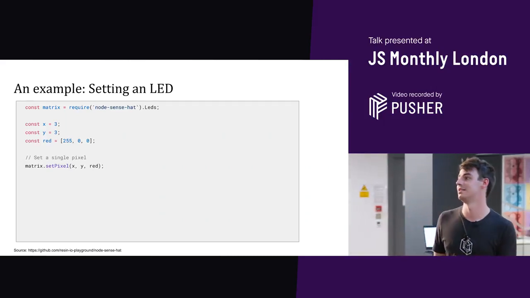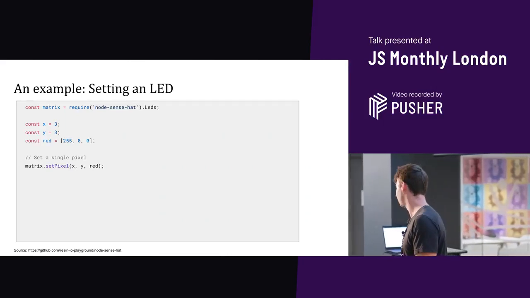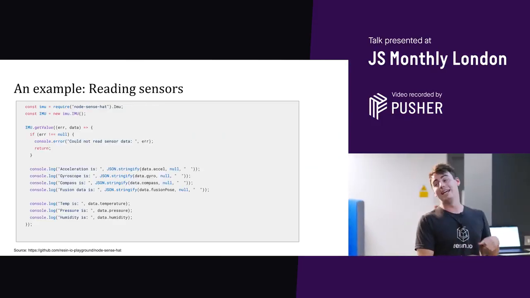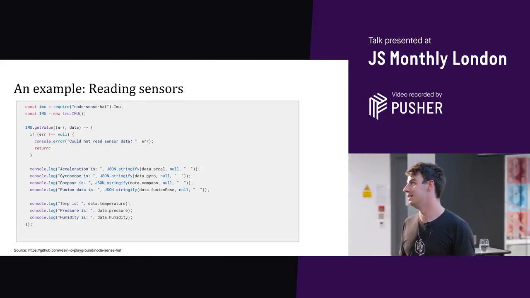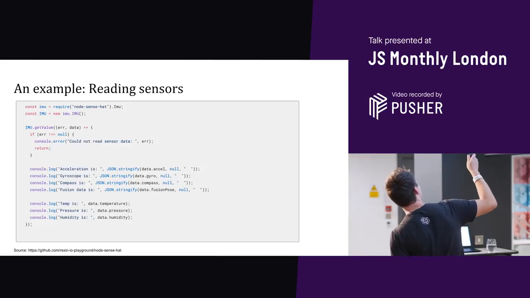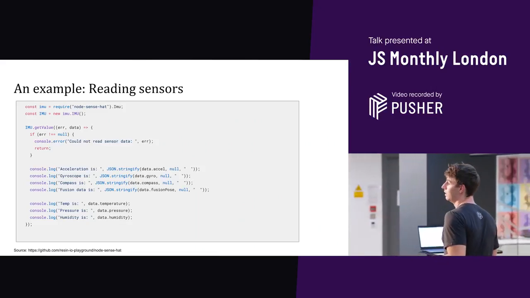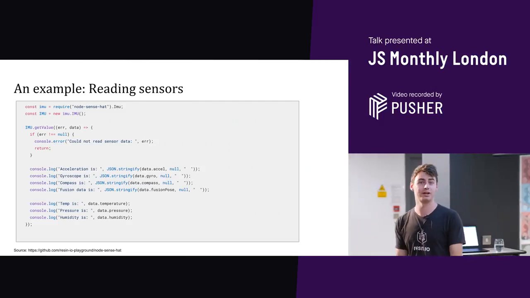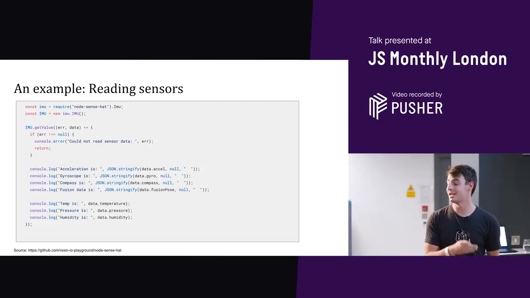So what about using the sensors? Because the Sense HAT has a lot of sensors. Surely it's going to be a bit hard to use them. Nope, we've got exactly the same JavaScript that you'd find in any other web application. You create a handle for the IMU, also known as the inertial measurement unit. Request the sensor data and provide a callback. Again, standard JavaScript.